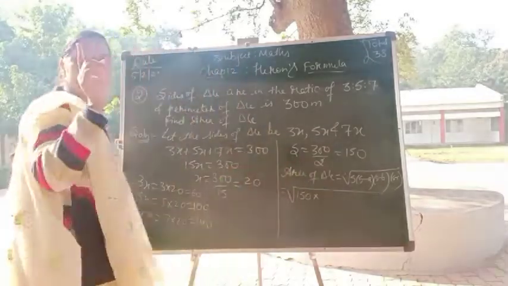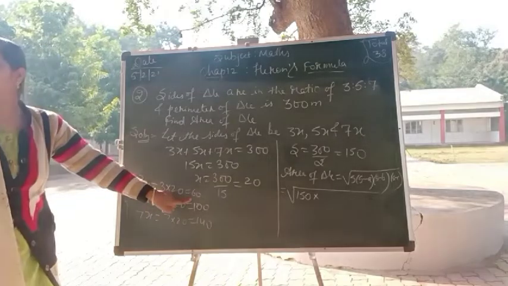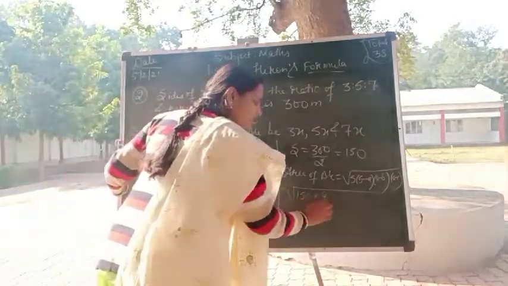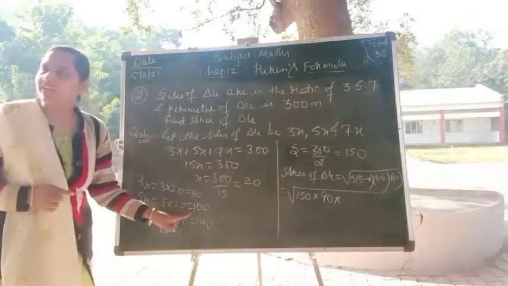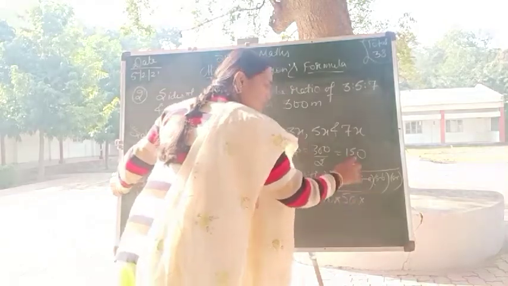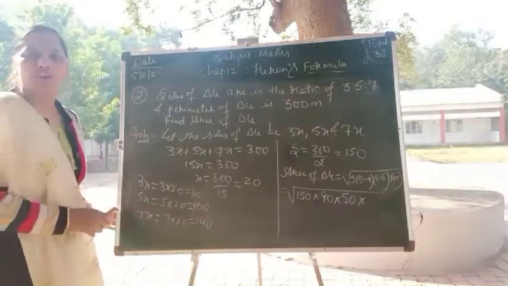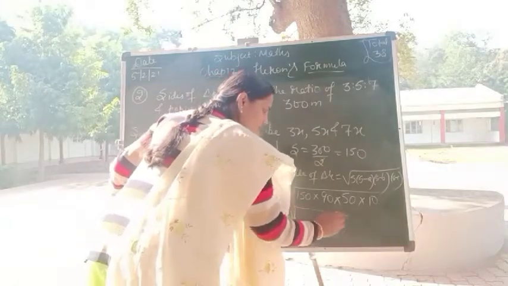S minus A, listen, 150 minus 60 is 90. 150 minus 100, 50. 150 minus 140, 10.